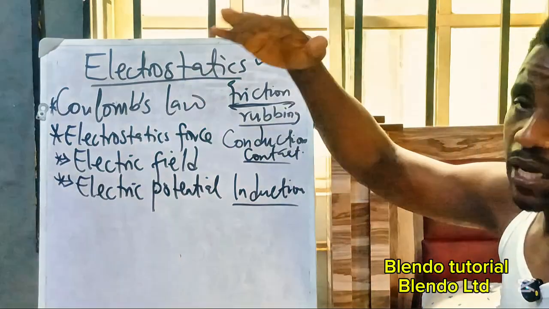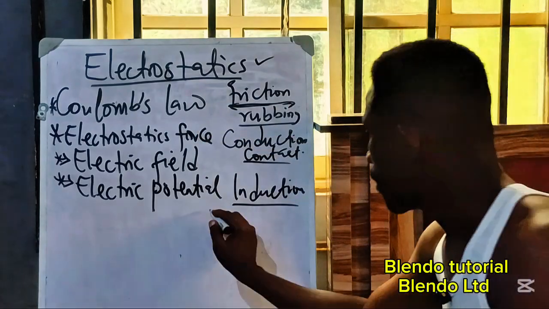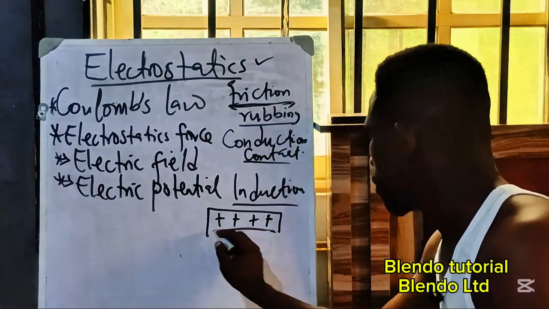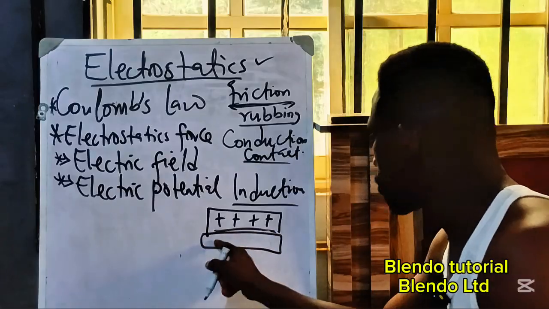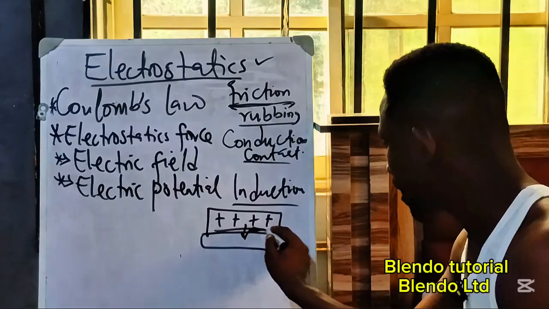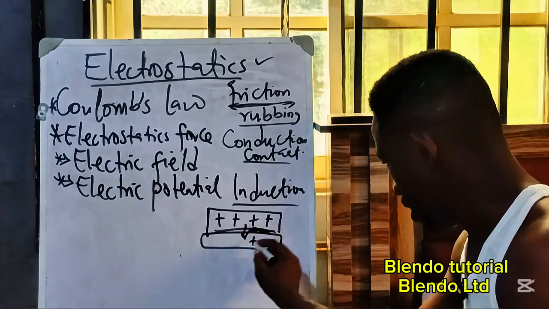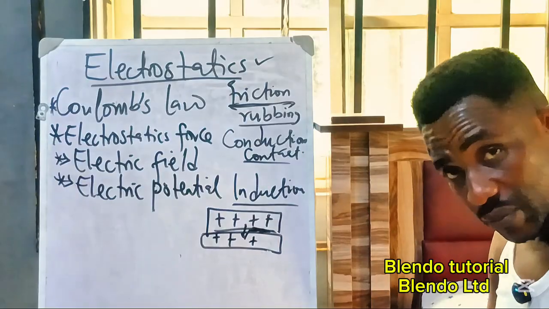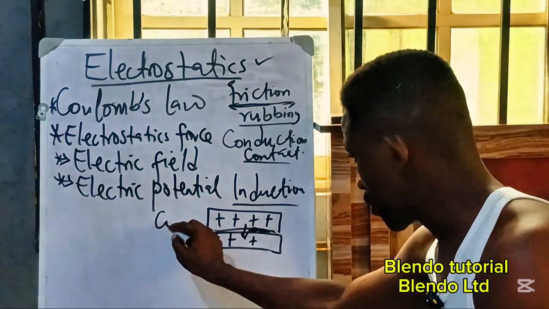If it is negatively charged, we form negative charge. So if here is positive, positive, positive, you place it on a neutral body, this positive will drift down by contact. It must be by contact. And here we still have positive, so the product becomes positive. This is by conduction.